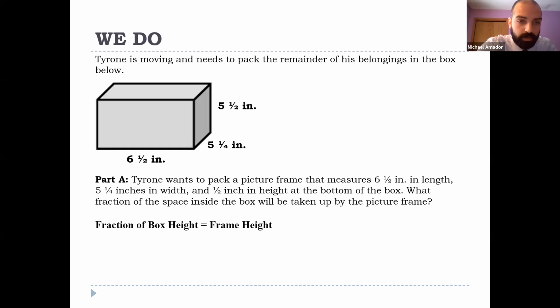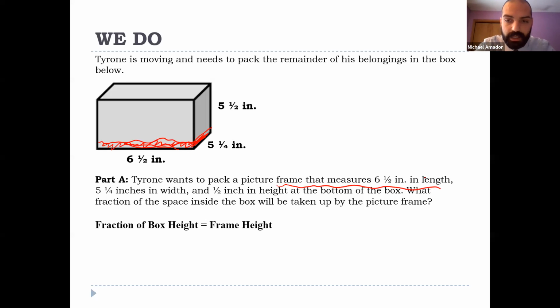So this picture frame, you can imagine, this is me drawing on the screen now. You can imagine that there's a picture frame that he's going to put in the bottom of this box. The picture frame's dimensions are outlined right here in the problem.